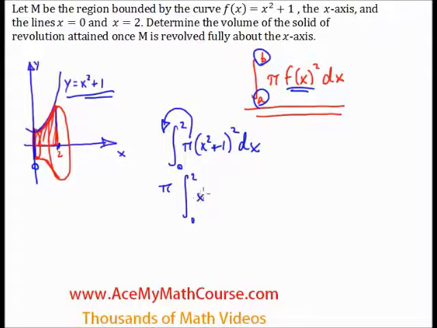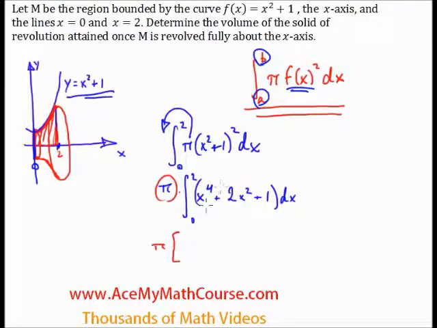And if I square this, I get x to the 4 plus 2x squared plus 1 dx. Fantastic. Now, the pi is just going to stay outside here.